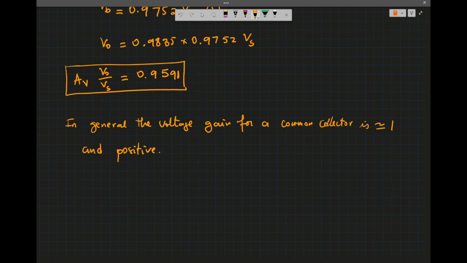Okay, so what is the significance of this? Right, so the output voltage follows the input voltage at the emitter. The output follows the emitter voltage.